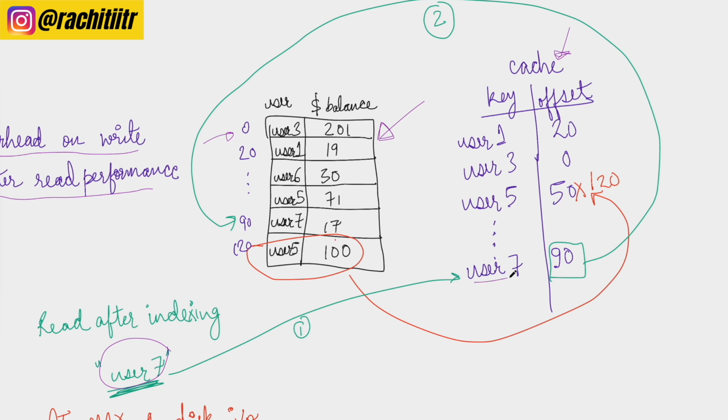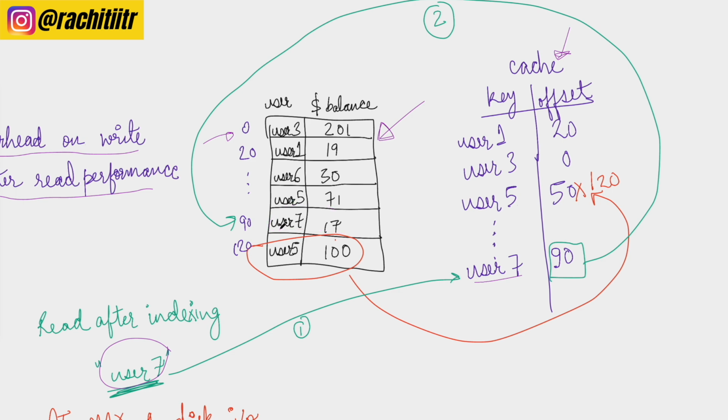We see that for key user 7, the byte offset is 90. We traverse all the way to the disk, and at disk offset 90, we do one seek in the file. We directly reach here. We do not scan these entries. Everything is saved. We directly reach here, read this value and return 70.